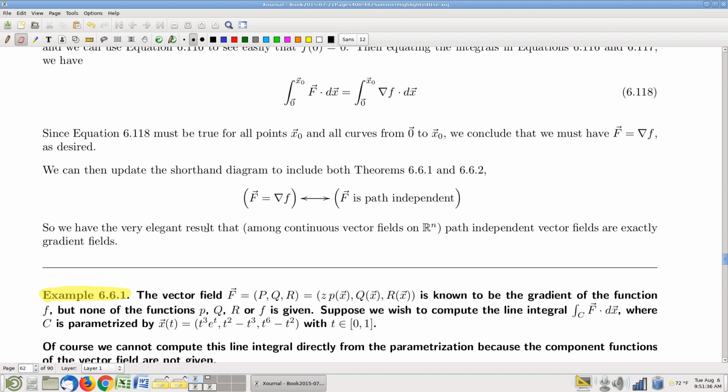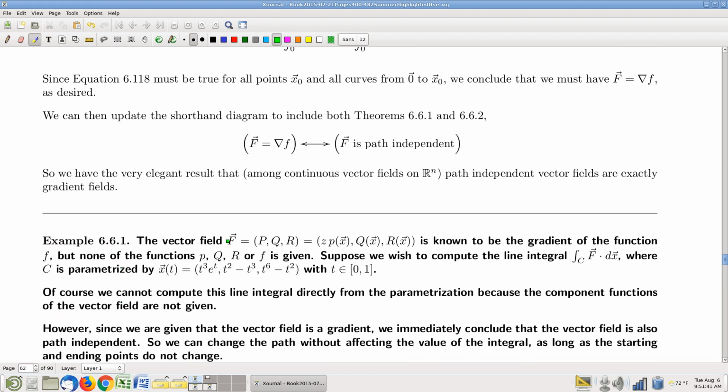All right, real quick example. Suppose I have a vector field F, the components are P, Q, and R, and I'm going to tell you one additional little bit of information about this vector field, and that is that the first component has a factor of Z. Now, I've told you very little information about this vector field, just that the first component has a factor of Z. And with that given, I want to compute the line integral over this curve parameterized there.